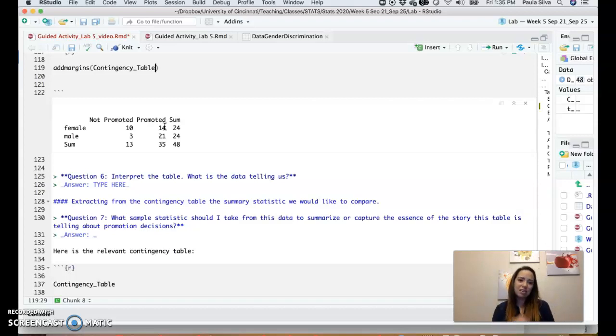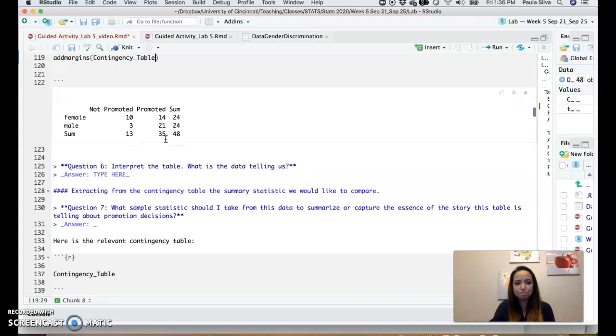So a 7-point difference might not be as bad if we had 100 supervisors making a decision about the female and the male files, because in proportion, it would not be that large. But if we are in a universe of 48 supervisors only, then it might become more significant. So we want a number that's not affected by that. So proportions would be good.